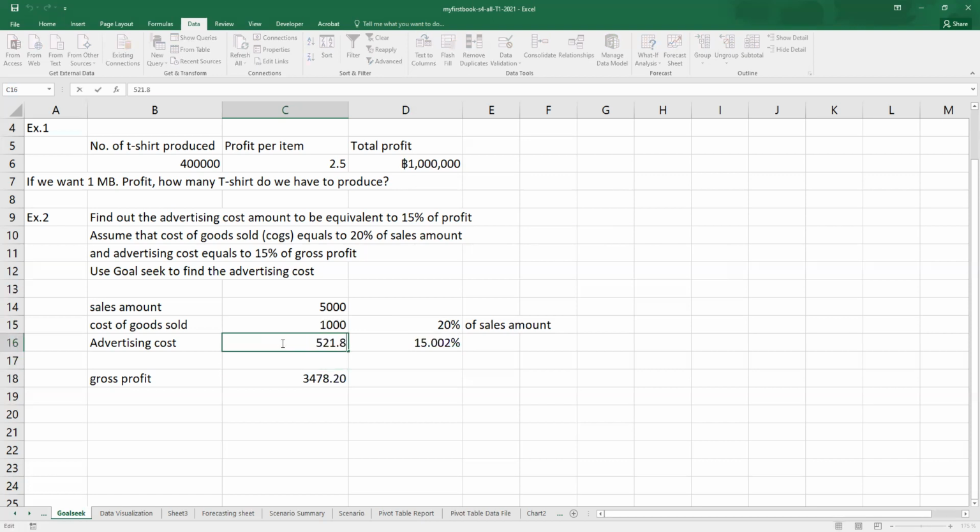So this is the thing that the Goal Seek function can help you do. So this is Goal Seek.